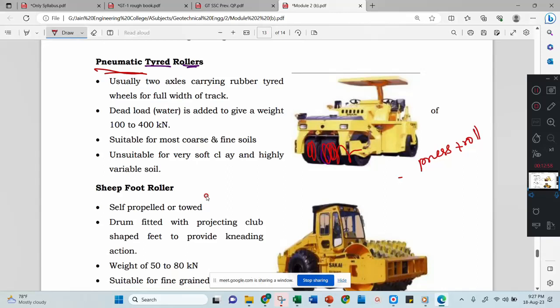Usually two axles carrying rubber tired wheels for the full width of track. It has a weight of 100 to 400 kilonewton, very heavy. Suitable for most coarse and fine soils, both. Unsuitable for very soft clay and highly variable soils.